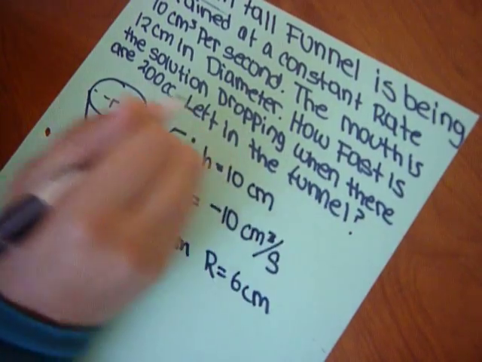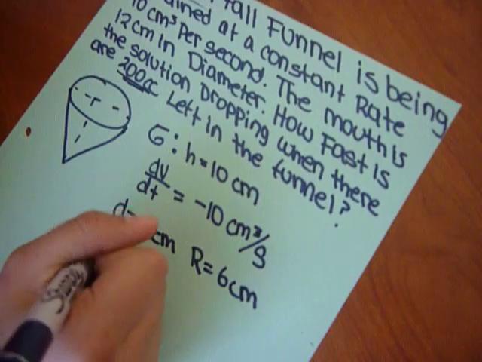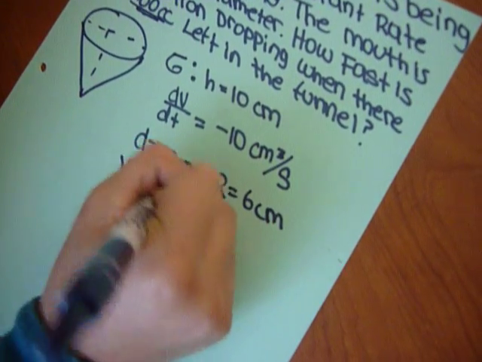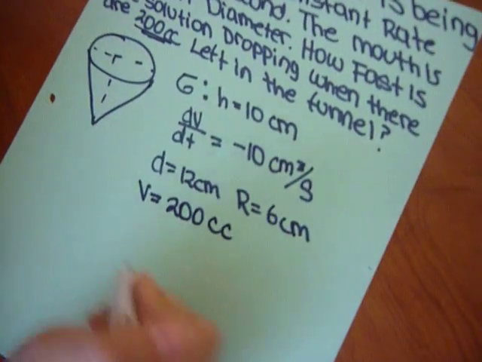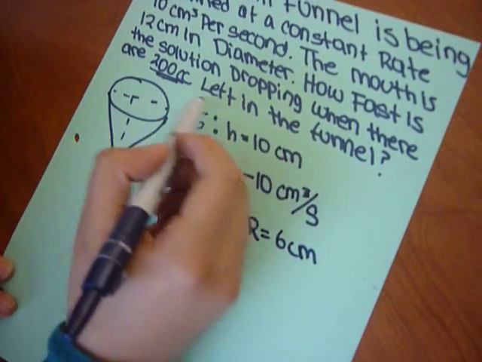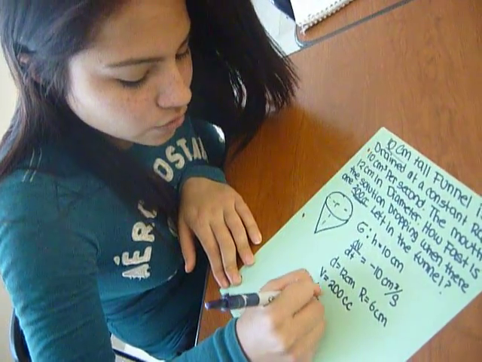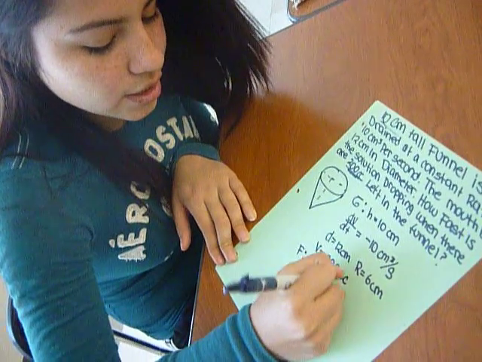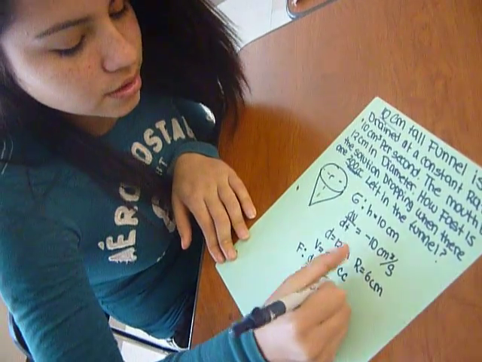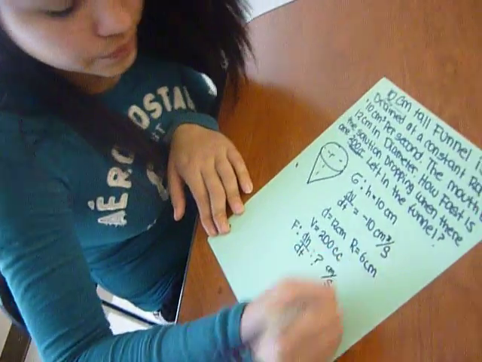And how fast is the solution dropping when there are 200 cc's left? 200 cc's left would be the volume at that instant. That's 200 cc's. Now what we're trying to find is how fast the solution is dropping, so we're looking for the height, dH over dt, that's our question mark, and that's going to be in centimeters per second.